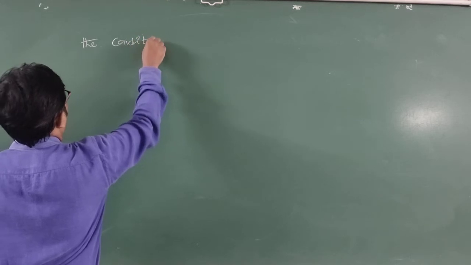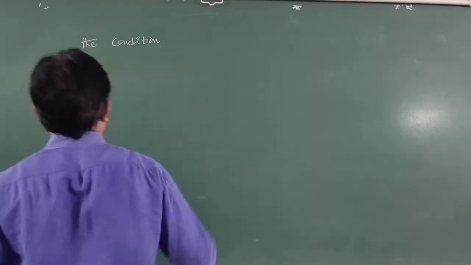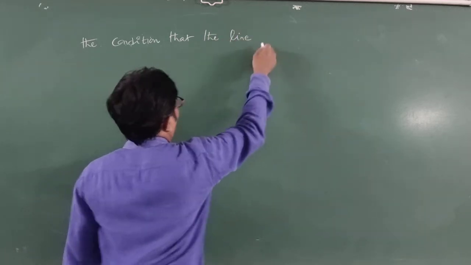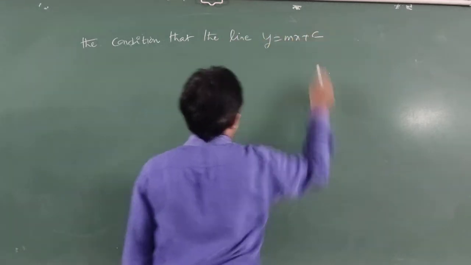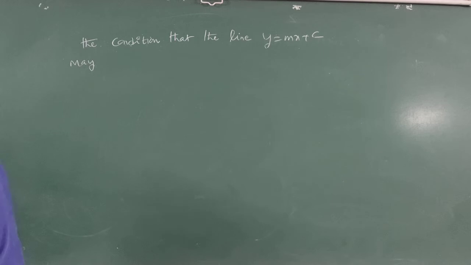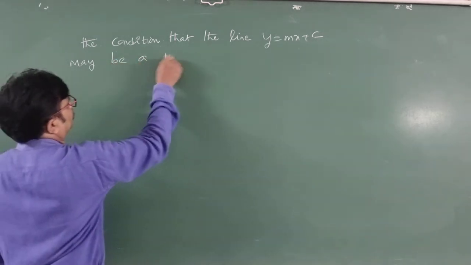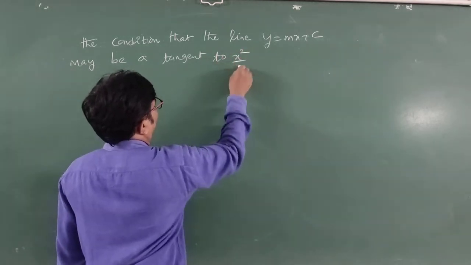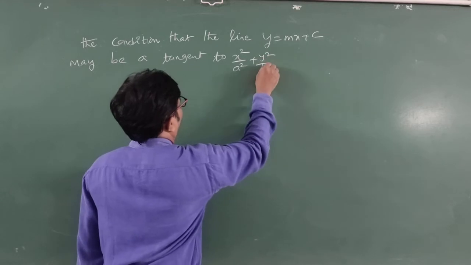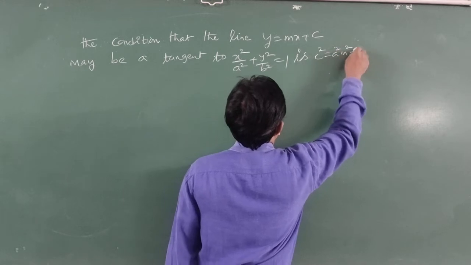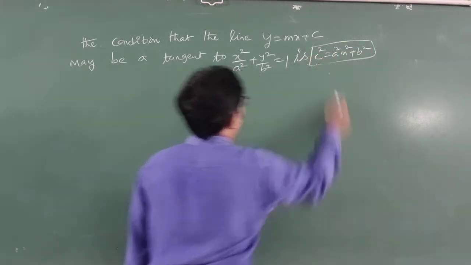Write down one theorem. The condition that the line y equal to mx plus c may be a tangent to the ellipse x square by a square plus y square by b square equal to 1 is c square equal to a square m square plus b square.